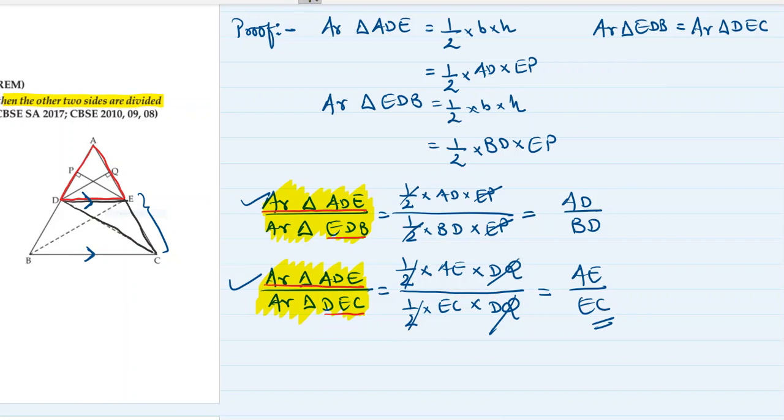Why do the green triangle and the black triangle have the same area? Because they lie on the same base and between the same parallels.